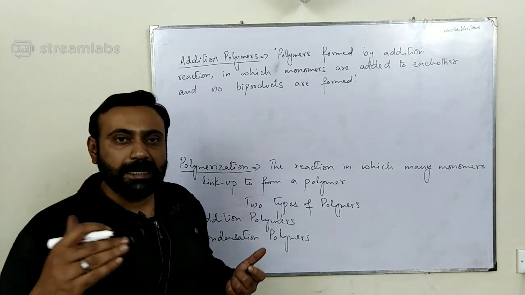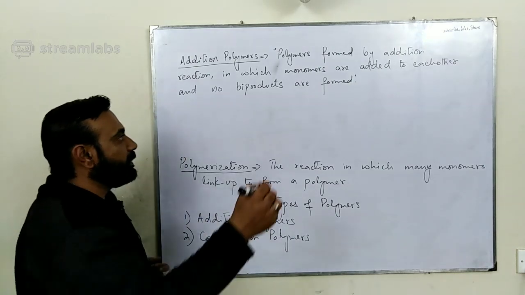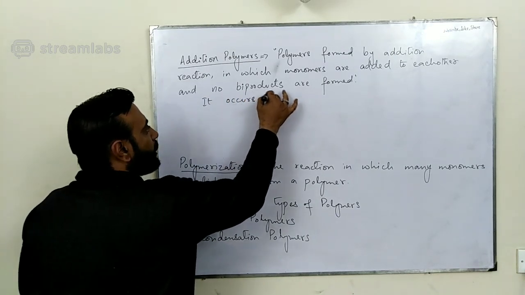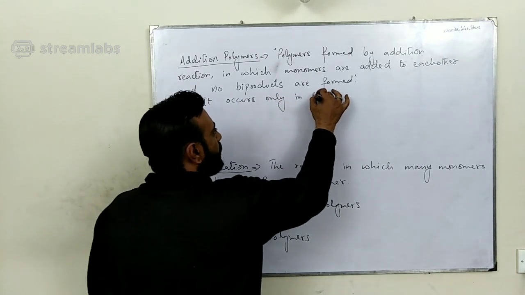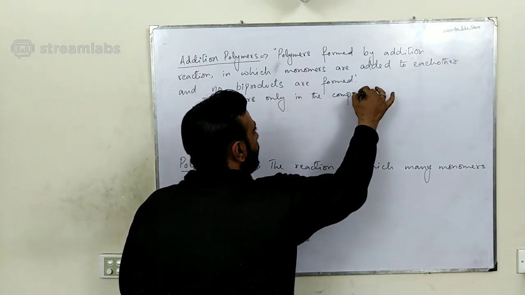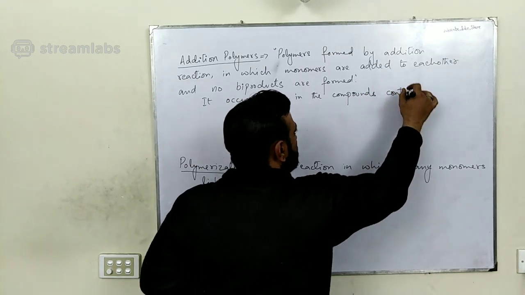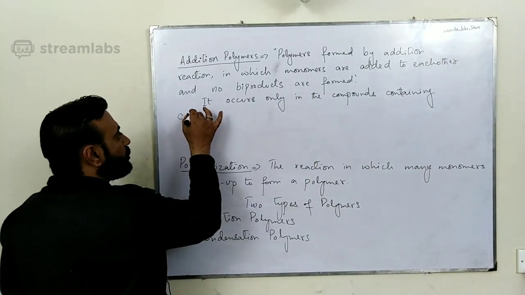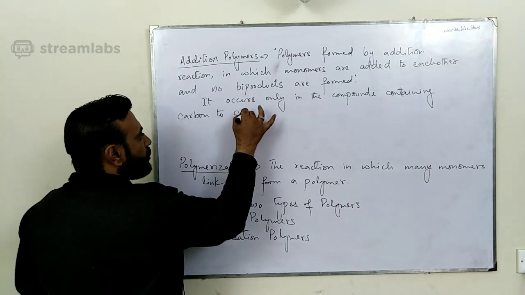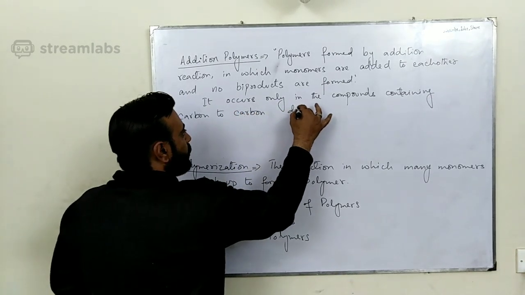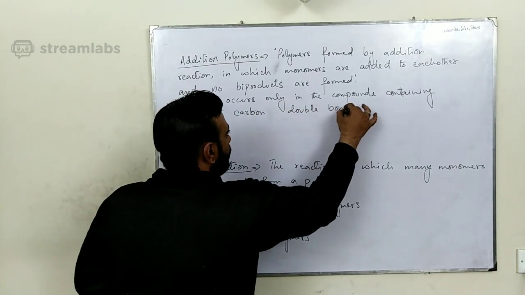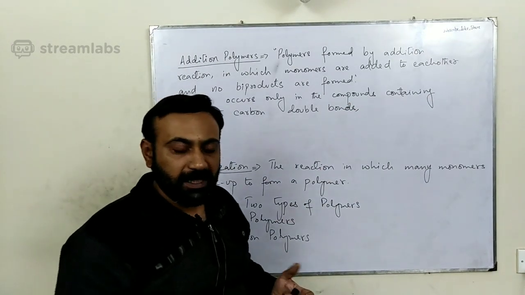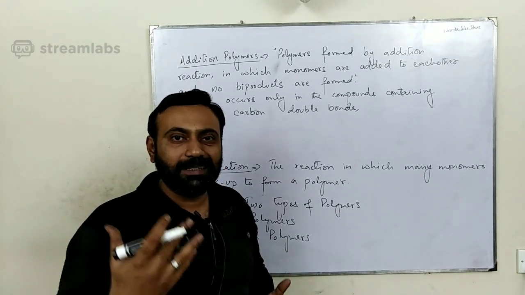It is possible only in the compounds with carbon to carbon double bonds. And all the monomers in a single polymer will be of the same type.